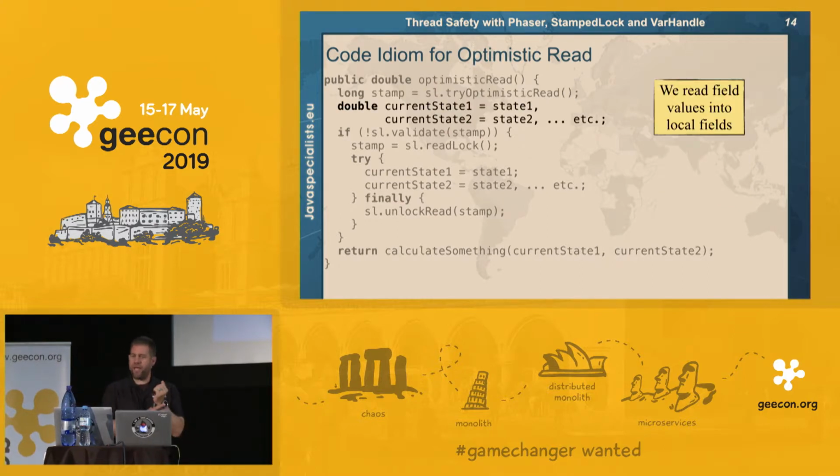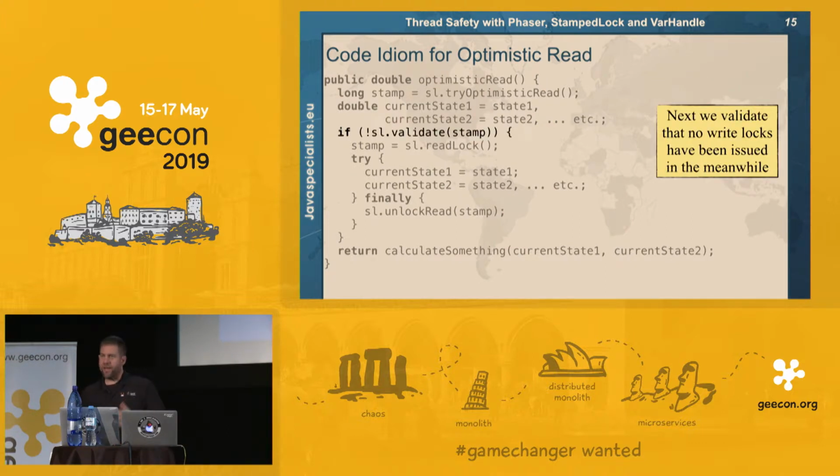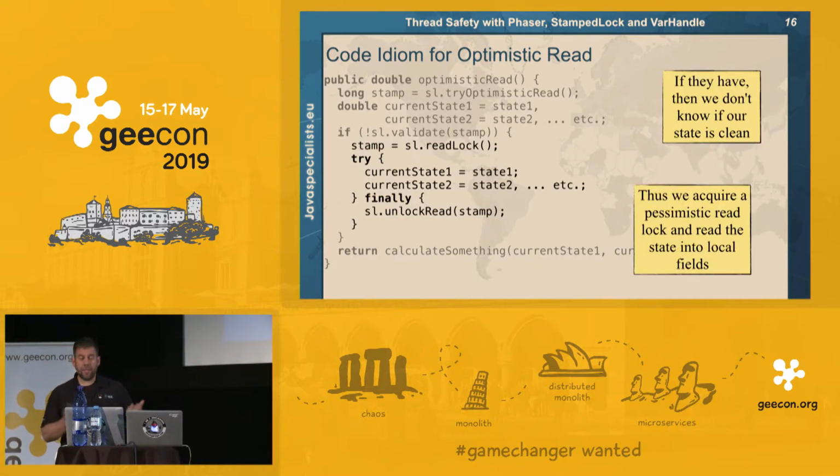We then read the state into local variables, currentState1 and currentState2. After we've read it into local fields, we need to validate the stamp. The validate here might return true if nobody has tried to get a write lock in the meantime. But if somebody has asked for a write lock in the meantime, or if the stamp is 0, then it'll come back with false. In that case, we can get a read lock. We would now basically go for the pessimistic read lock.